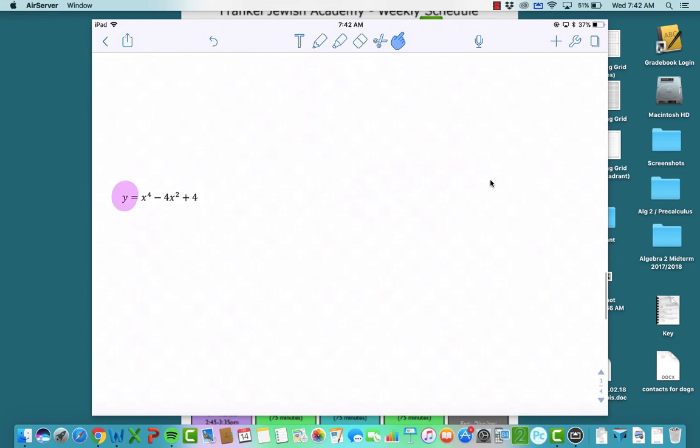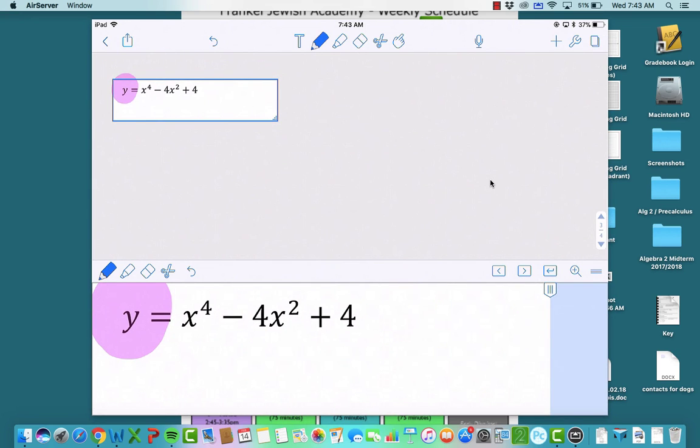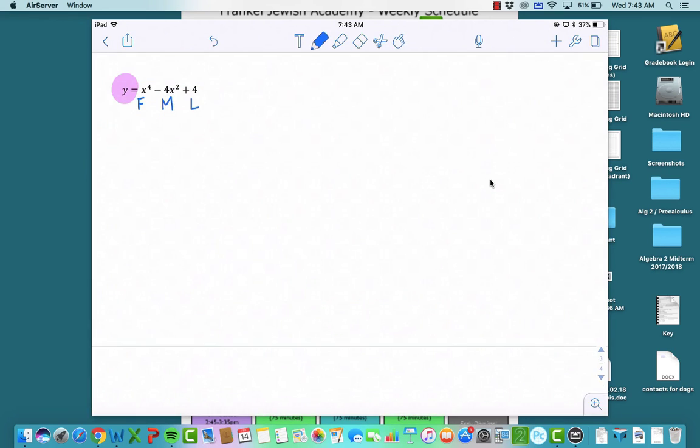And last but not least, one of these funky to the 4th ones, but it looks like a squared. So we're going to do the factoring by a cross, but I'm going to use Dresden's terminology instead of mine. So this is the first term, the middle term, and the last term. So FML. I'm going to set up my cross.